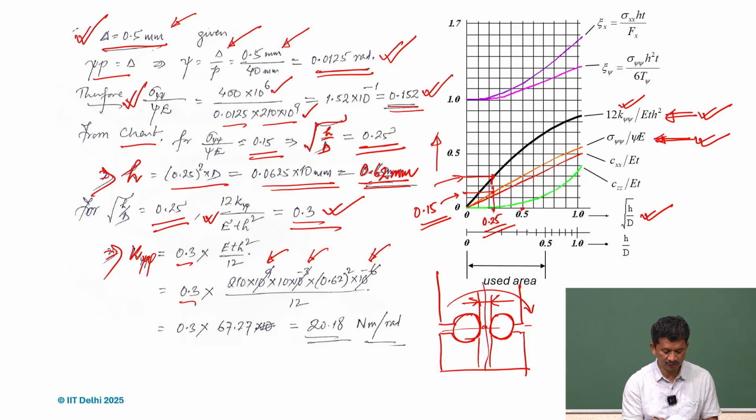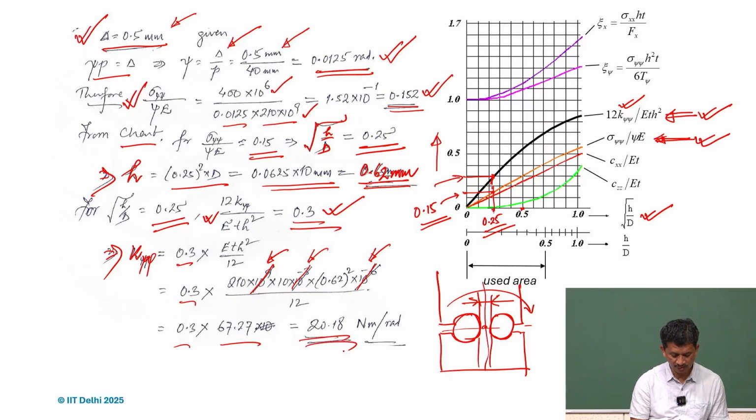H is again 0.62 millimeter, so 0.62 square, and then mm is 10 to the power minus 3 squared, which is 10 to the power minus 6. So minus 9 plus 9, it will get cancelled, and we will be left with 0.3 times. Here if we calculate, we will find 67.27, and if we plug these values, it's 20.18.